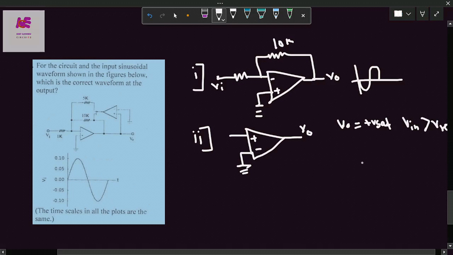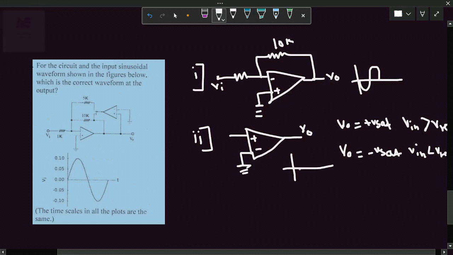In this case, the reference voltage is 0 since the inverting terminal is connected to ground. The output voltage will be minus V saturation if the input voltage is less than V reference.